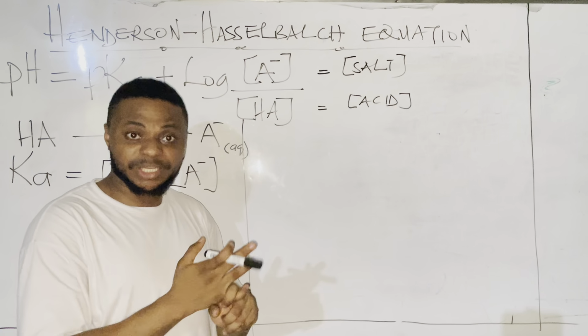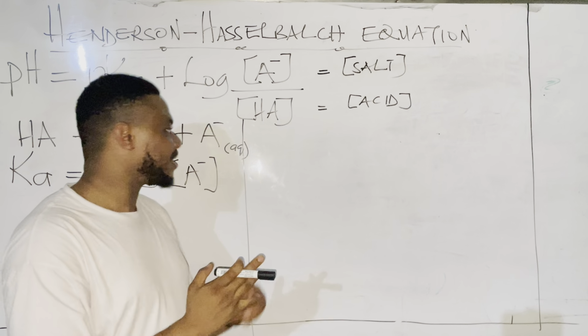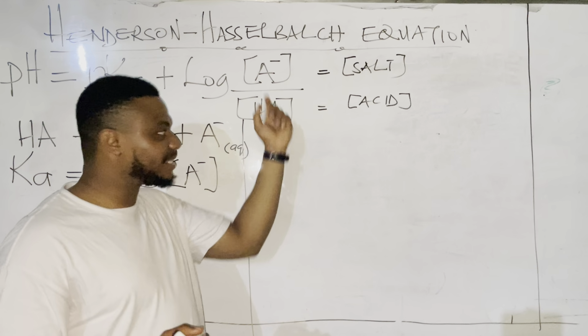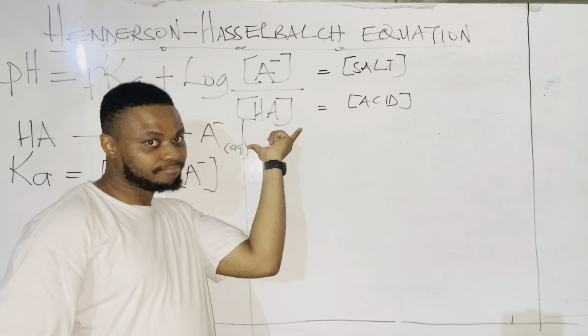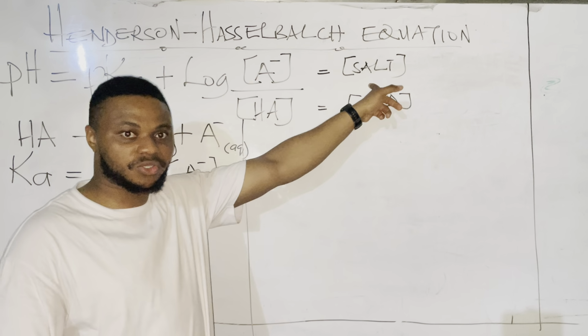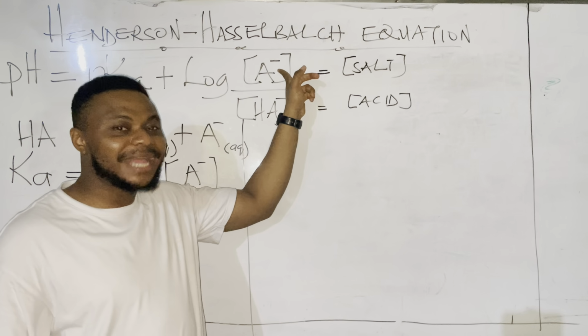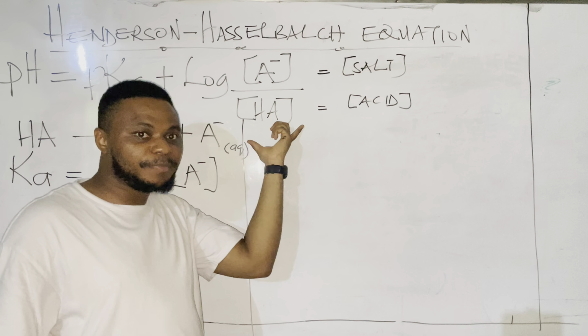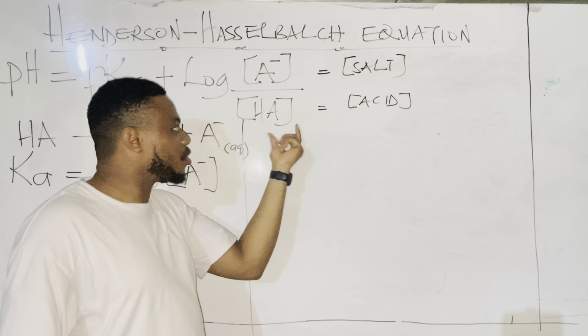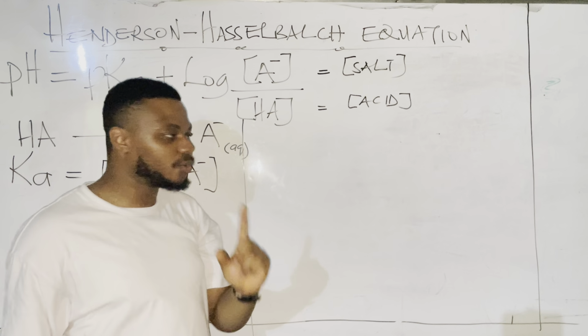So a base buffer has a conjugate acid and a base. I want you to know that anything conjugate, both acid and base, is a salt. For a base buffer, the conjugate acid will be at the top while the base will be below. But for an acid, it's the conjugate base that will be at the top while the acid will be below. Please take note of that.